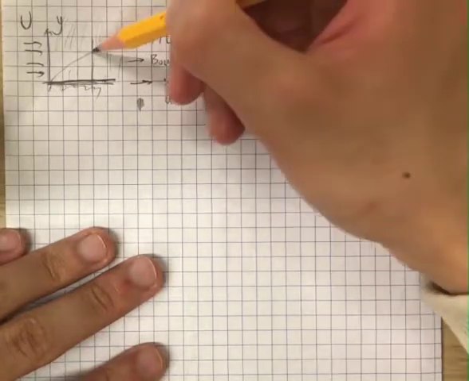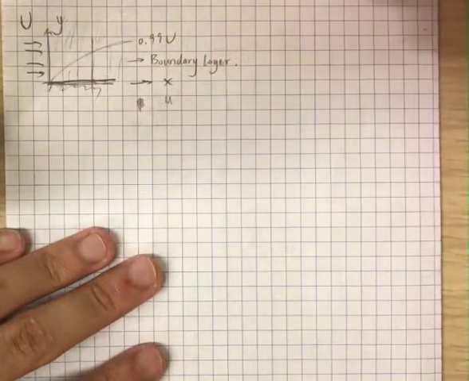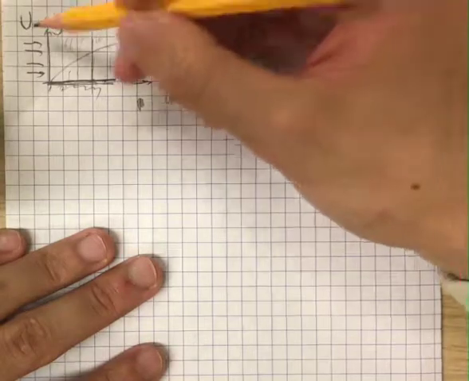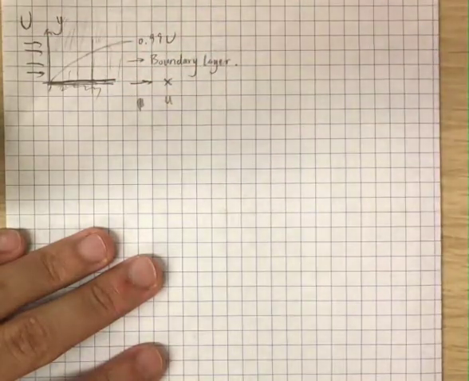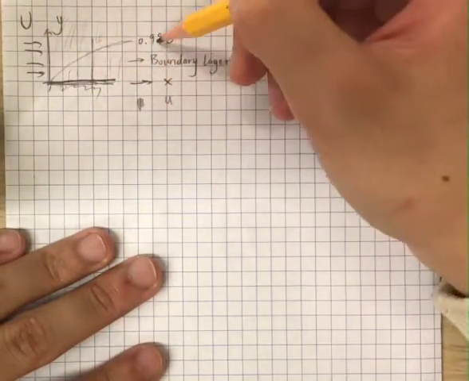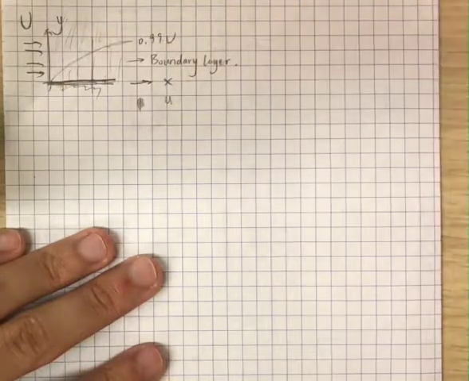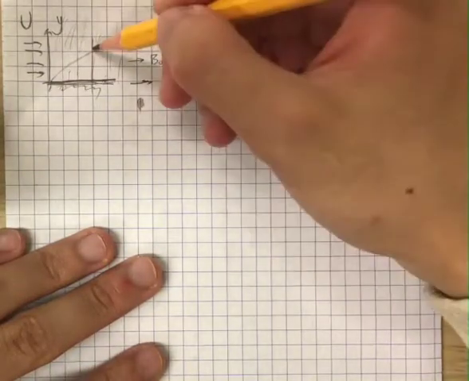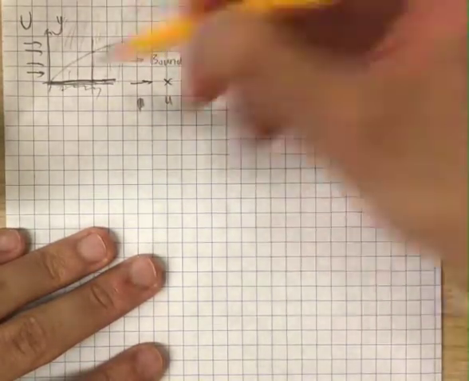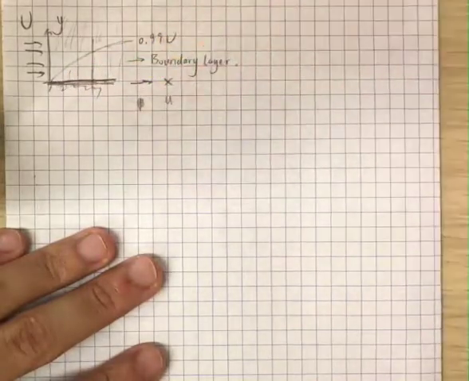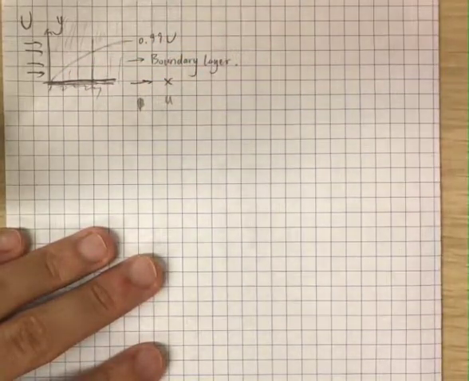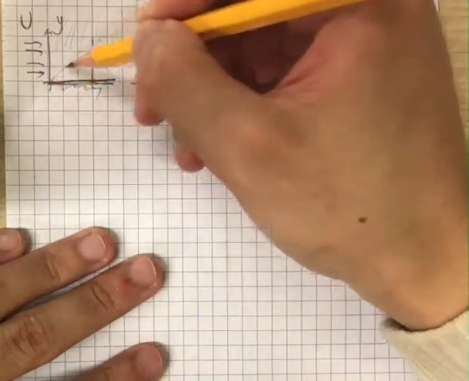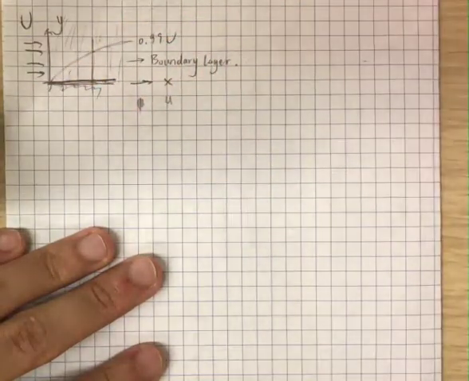So right here, I find that I have reached 99% of the mainstream velocity. Here, I say that 99% is nearly 1. I can live with that. So bye-bye, boundary, I'm out of your control. So this is the meaning of the 99% u.